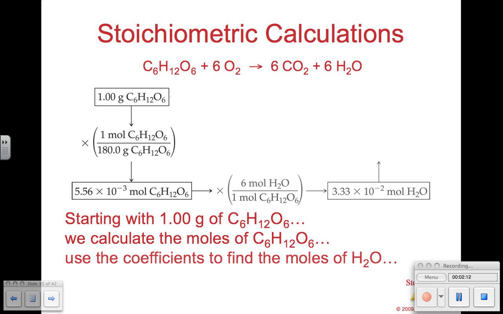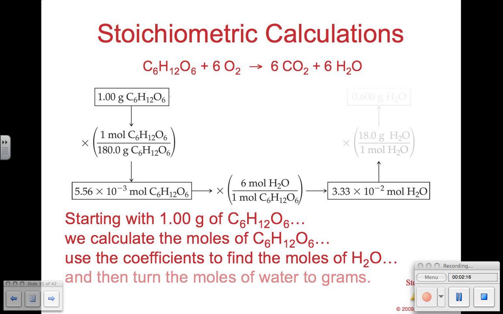So example being, we've got glucose combining with oxygen, or basically glucose being burned, and you get carbon dioxide and water. So first step, you've got 1 gram of glucose. You're going to convert that into moles by multiplying it by the ratio of number of moles and the molar mass in such a way that you cancel the grams. And I'll set this up in class a different way.